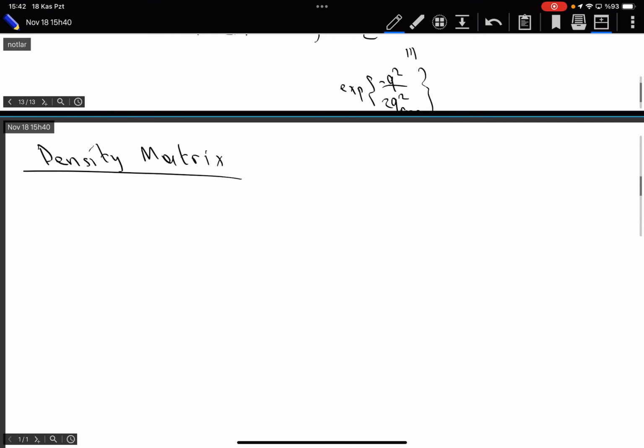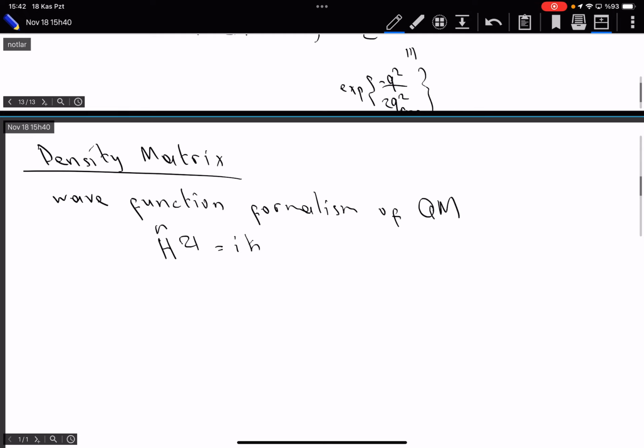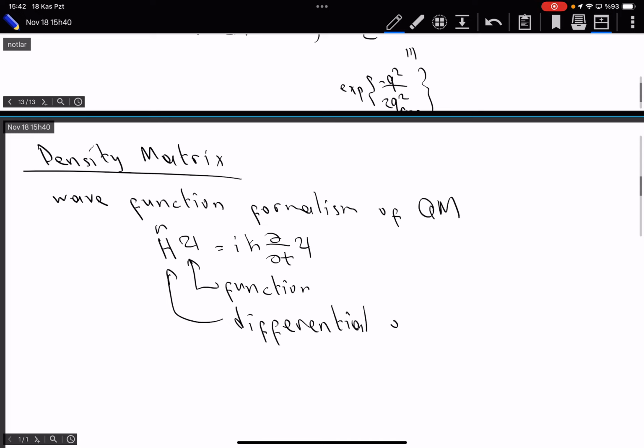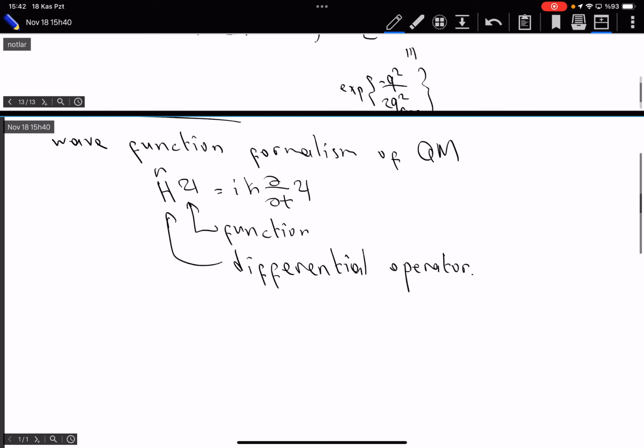You should be familiar with the wave function formalism of quantum mechanics. So where you basically have a wave function which satisfies a differential equation, where this psi is a function, h bar is a differential operator, and you are probably also familiar with the matrix mechanics.